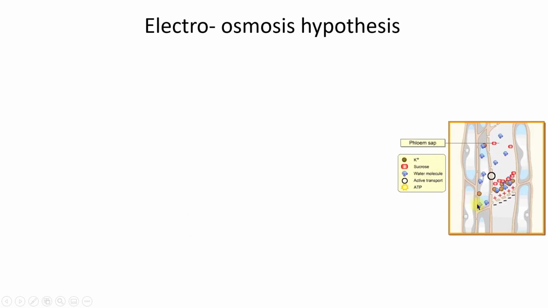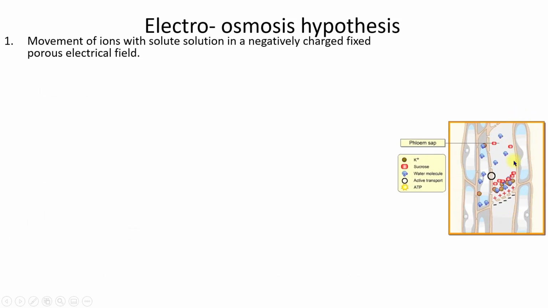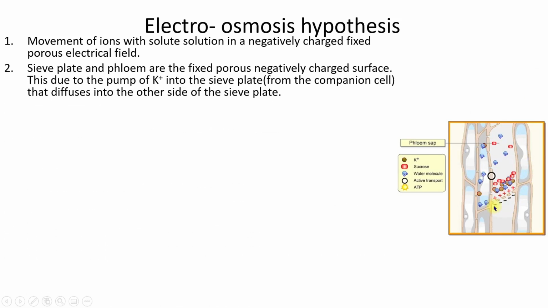Now, the electro-osmosis hypothesis. You can refer to the diagram here. In this hypothesis, there is movement of ions with solute solution in a negatively charged fixed porous electrical field. So the sieve plate and phloem are the fixed porous negatively charged surface.